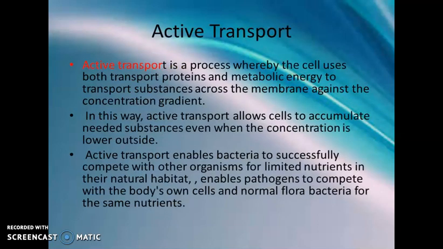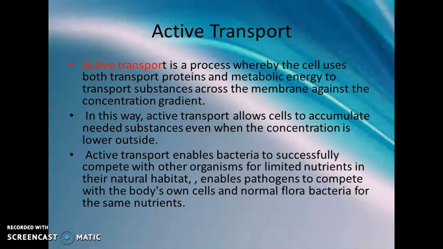Next is active transport. Active transport is the process whereby the cell uses both transport proteins and metabolic energy. Up to this portion we have discussed movements without the expenditure of metabolic energy.